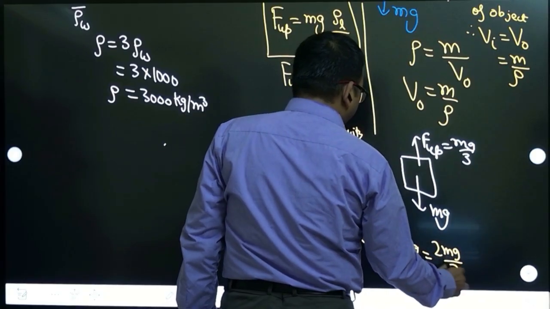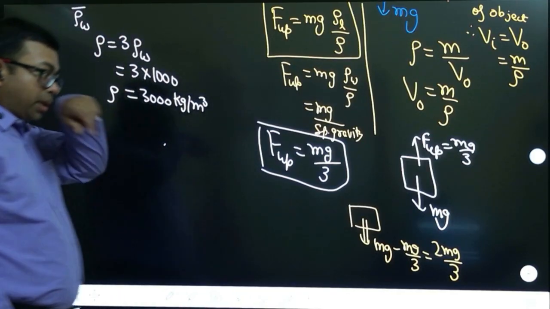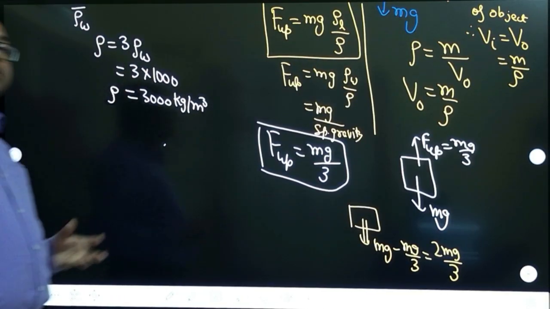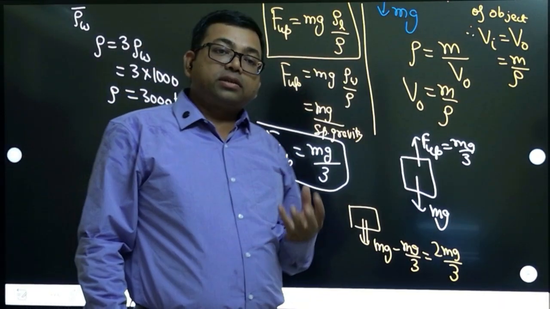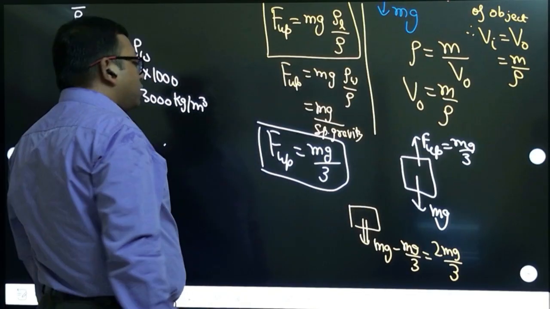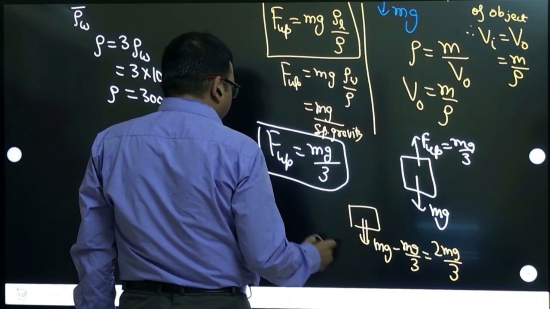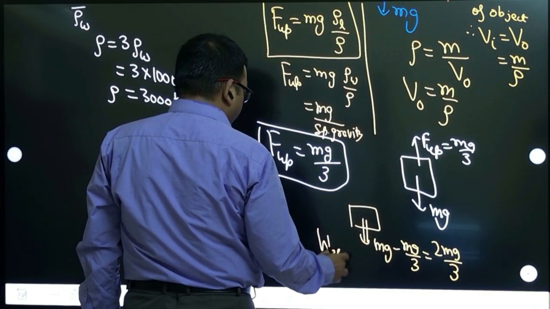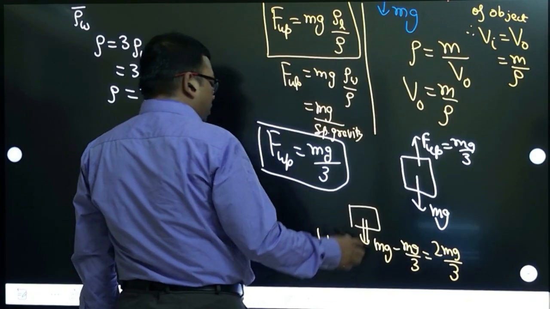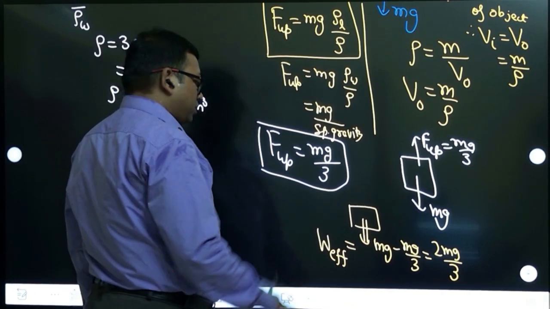This is actually the weight of the body inside the water. You know the weight decreases, right? Why does the weight decrease? Because of the upthrust. This is called apparent weight or effective weight. Effective weight is mg minus the force of upthrust or force of buoyancy, that is 2mg by 3.